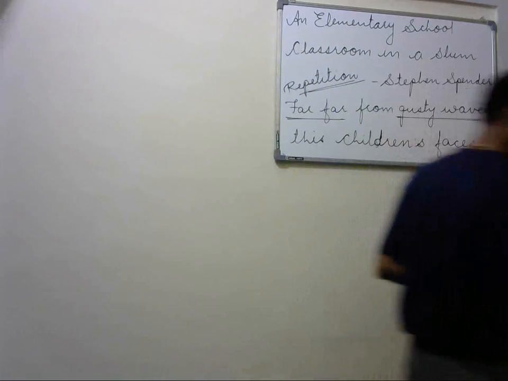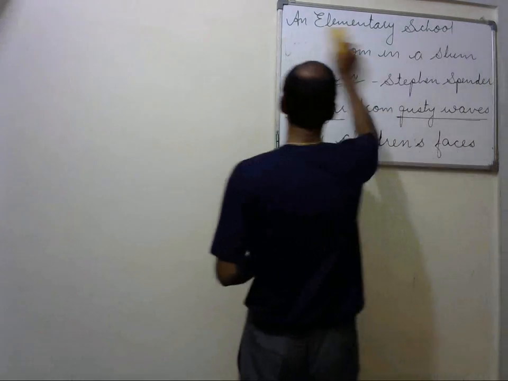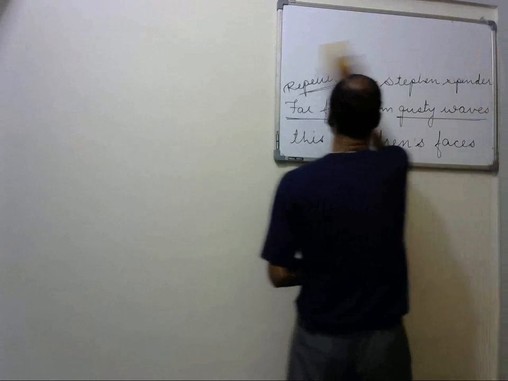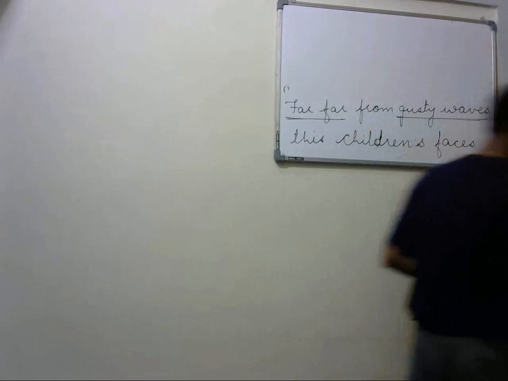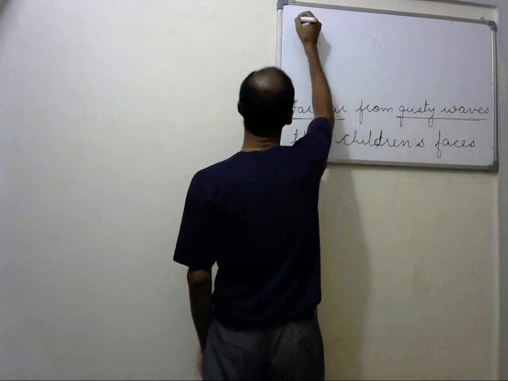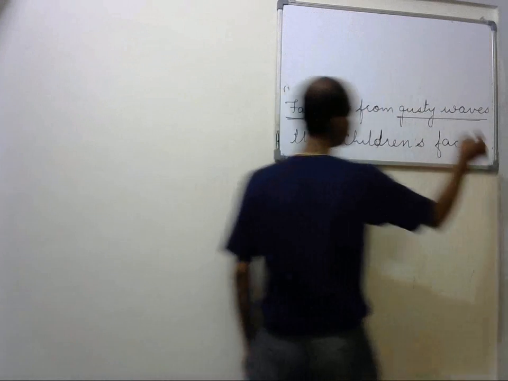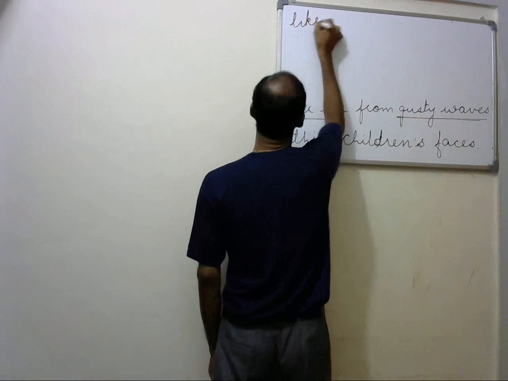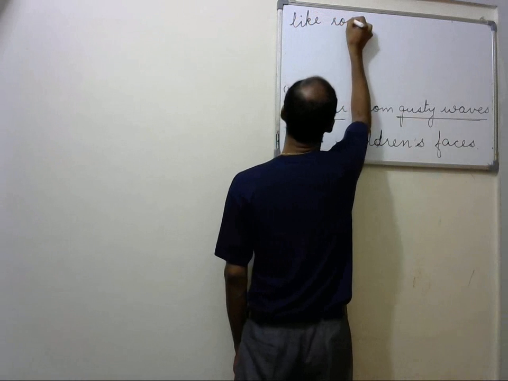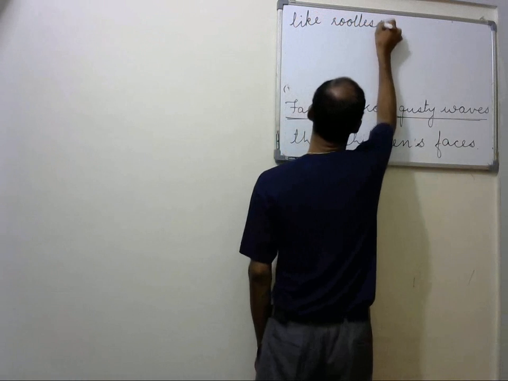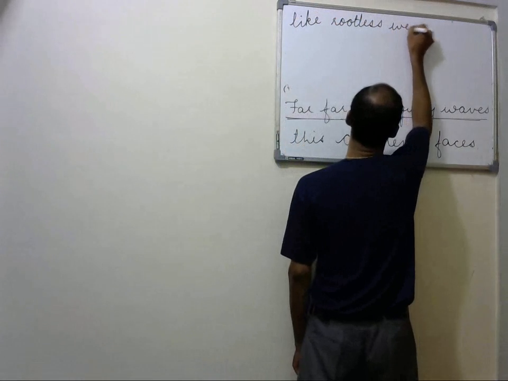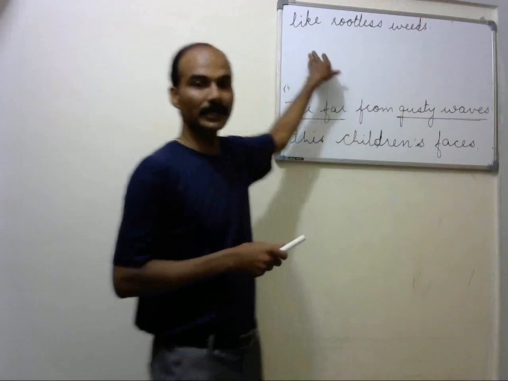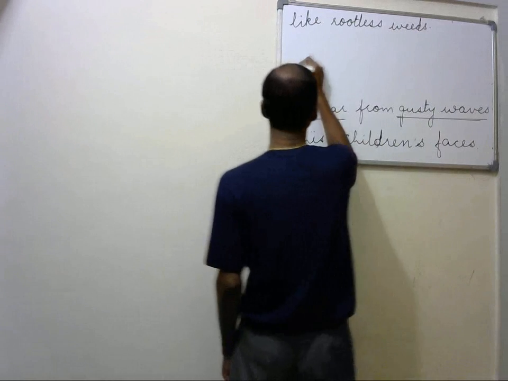These children's faces like rootless weeds. Now the poet is comparing the children with rootless weeds. So here the poet has used simile.